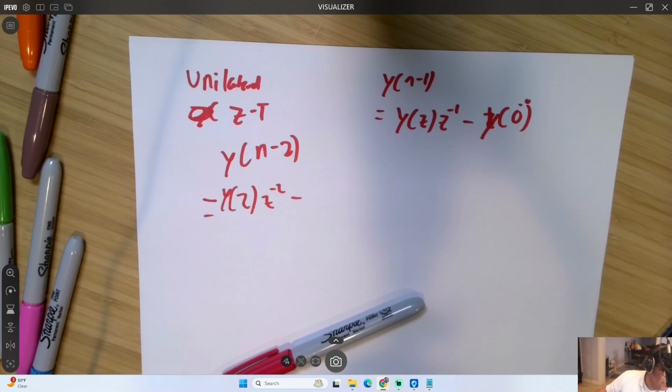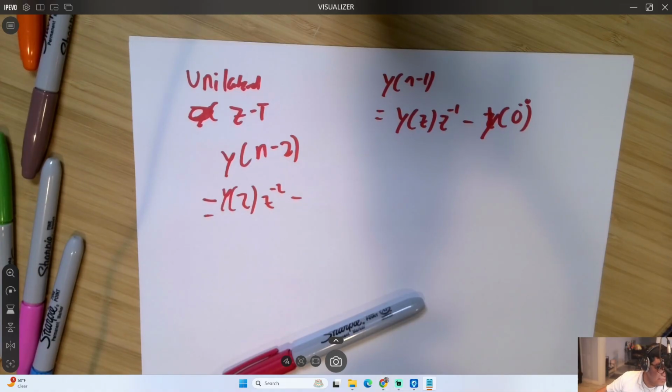Differentiation? No. We're not trying to take a derivative. We're just doing the Z shifts, and we'll show you later. Hopefully, Dr. Stever will show you something.